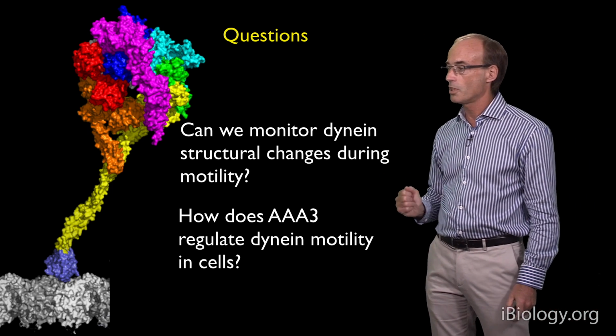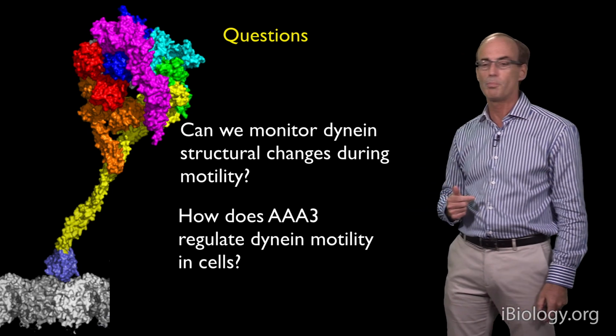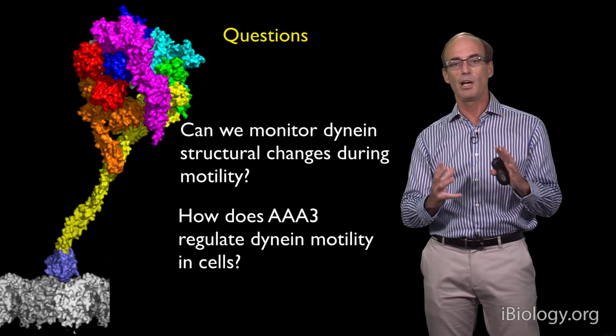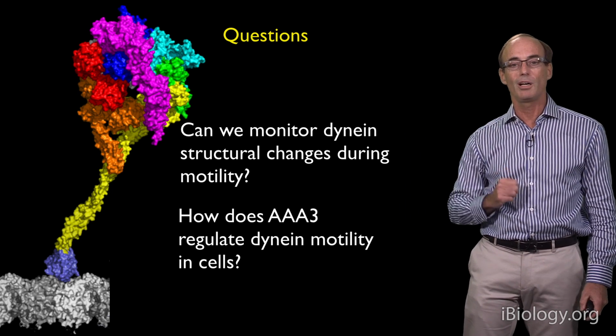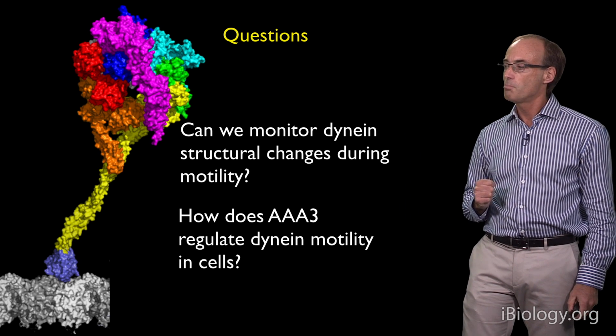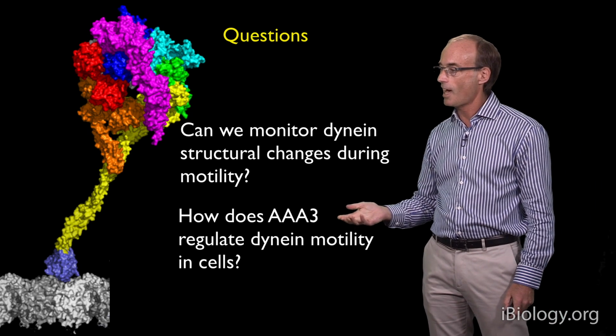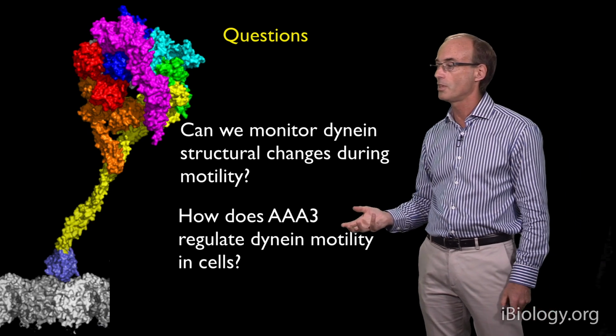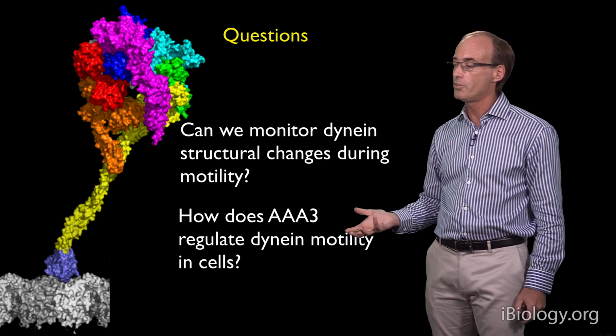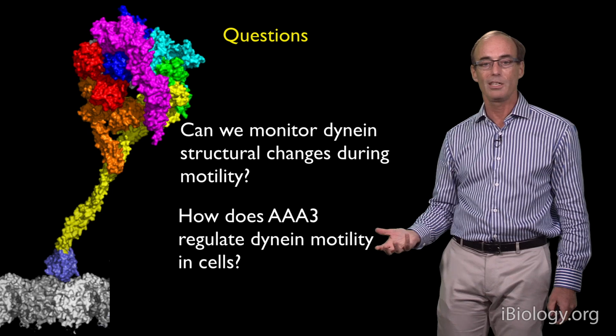I also gave you structural information on the role of AAA3, showing that it can block a conformational change of dynein and thereby prevent its motility. But we don't really understand how and why AAA3 does this. How does the cell use this control mechanism to regulate dynein motility?